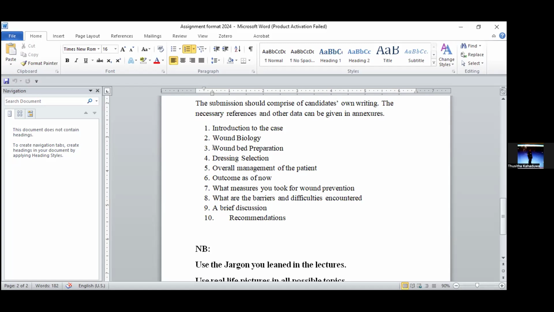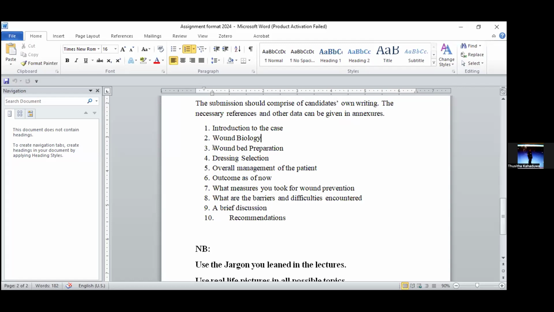Just take the TIME principle. How you did the tissue management, how you manage the infection, whether there was infection or not, how did you decide, how did you diagnose if there was an infection.